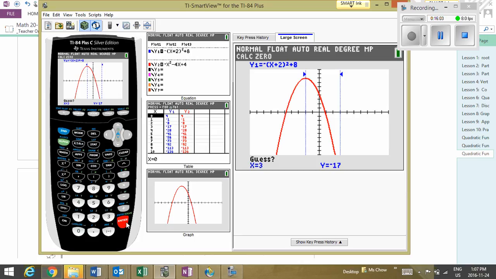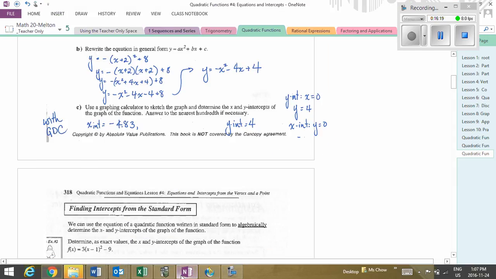It says take a guess, and I will hit enter, and it provides me with the 0, that x-intercept, rounded to the nearest hundredth, 83 hundredths then, and y is equal to 0. So let's write that in. So the other intercept, rounded to the nearest hundredth, is 83 hundredths.